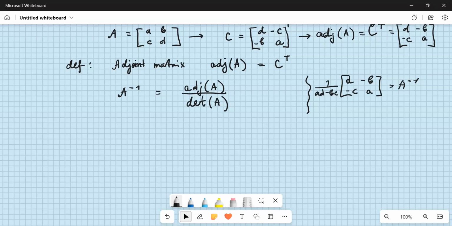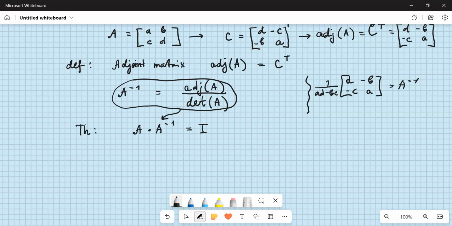So basically, guys, what do we need to prove? We are going to prove the theorem that A multiplied by A inverse equals identity. So we're going to prove that if you build the inverse matrix by this formula, then you are going to get identity. Okay, let's do it. We are just going to show it literally by multiplication.